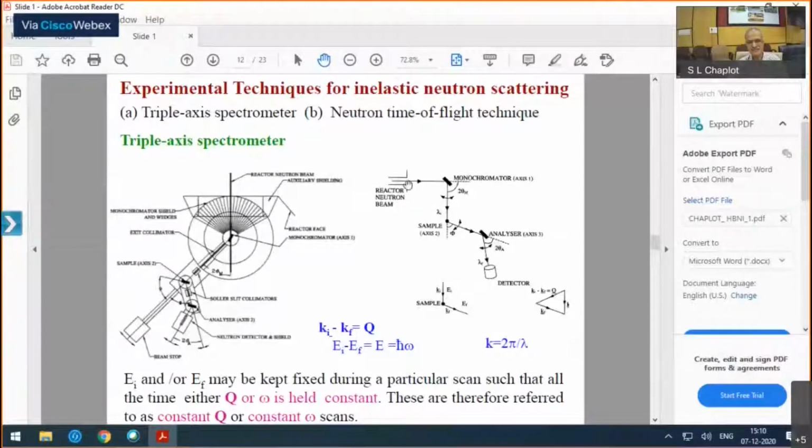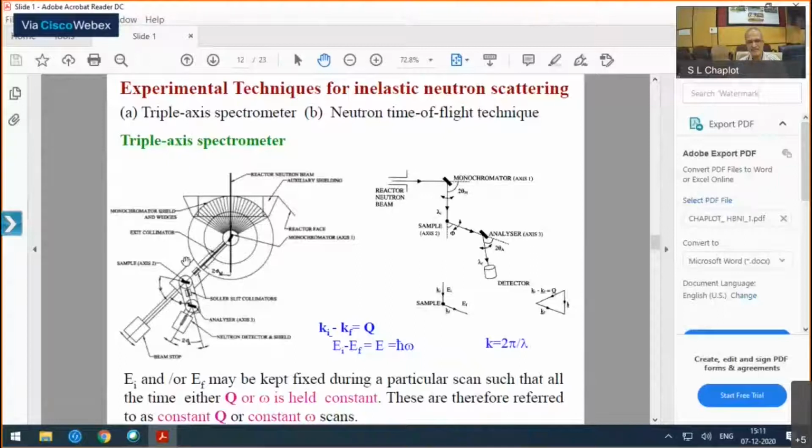Construction-wise, these three different axes, namely the monochromator, sample, and analyzer, that is why it is called a triple axis. These are located in this manner. You have neutrons coming from the reactor. Then there is a large drum here which can rotate such that you can extract neutrons at any specific Bragg angle within a range that is allowed by the construction.